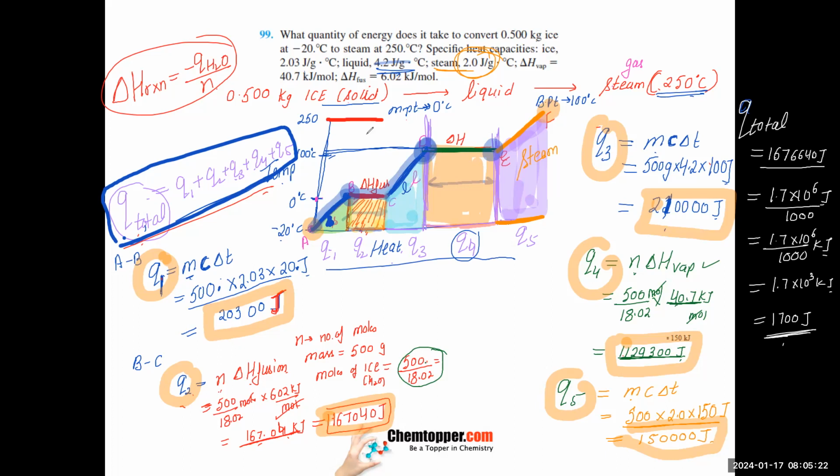So first 250 to 100, it is converted into liquid. Then this is liquid, here liquid. Then this is melting at this point. And then finally it is solidification. The graph will become like this. And the amount of heat will be exactly the same.